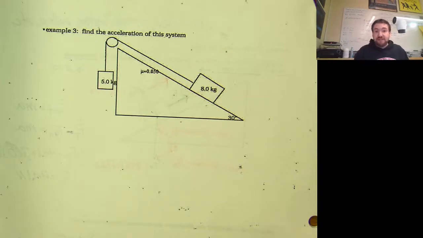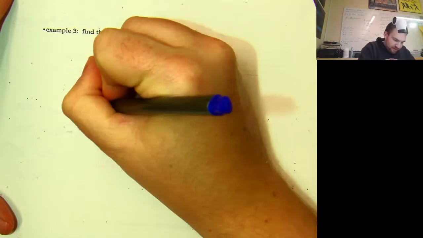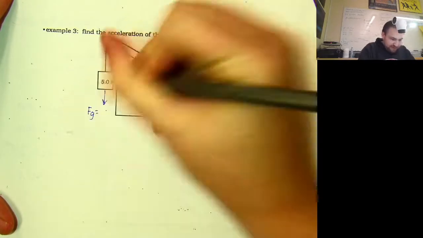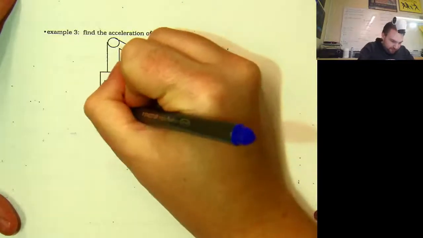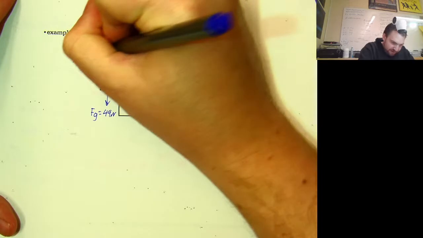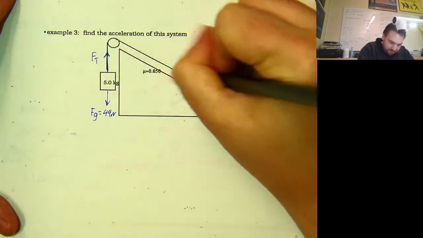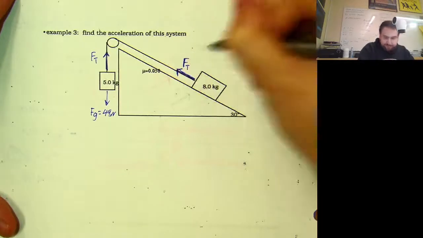Here we go. We want to find the acceleration of the system. Free body diagram. It'd be an Fg down there. It's mg, so 5 times 9.8. I'm just going to put a value there, 49 newtons. There's a tension force acting upwards here, so Ft. This guy has a tension force acting up this way, Ft.